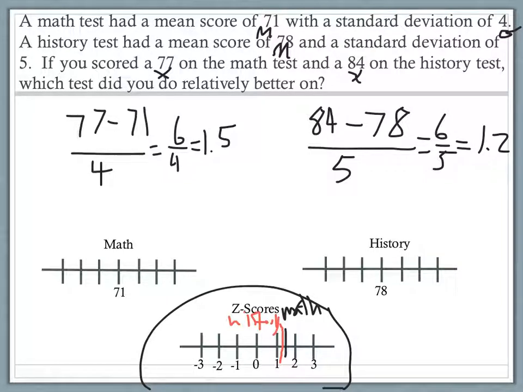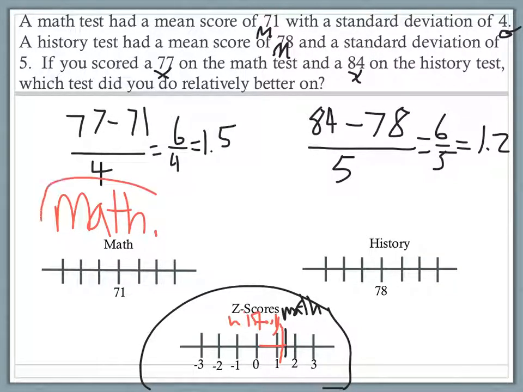If 0 is average, we want the one that's furthest away from average, because the further away from average we are going positive, the better we did. The one that's further away is math, so math is the score that we did better on.